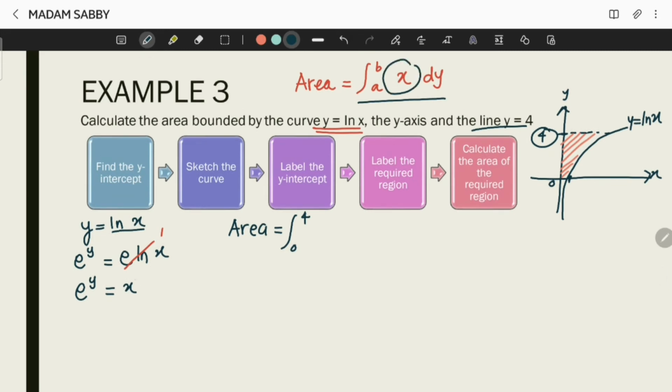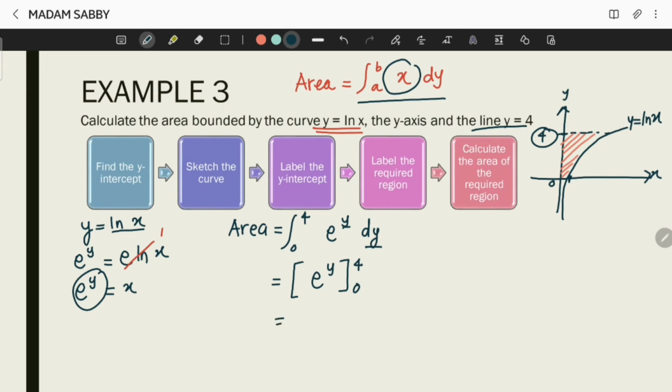Just now we already converted y equals ln x into a function in terms of x. So x equals e to the power of y, so it's e to the power of y dy. Because we have y here, not x, that's why it's dy. Integrating e to the power of y, we get the same thing, e to the power of y, from 4 to 0.